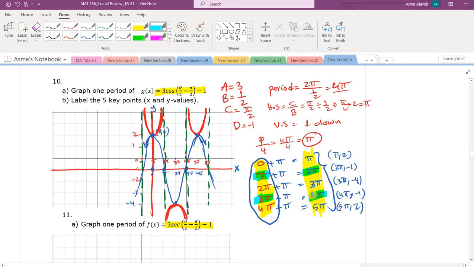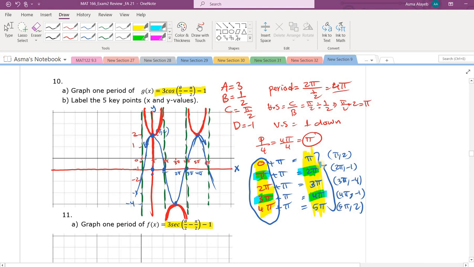So it's going to be all of the even multiples of pi. If you look at the shift, it's going to be happening at 2 pi and at 4 pi.